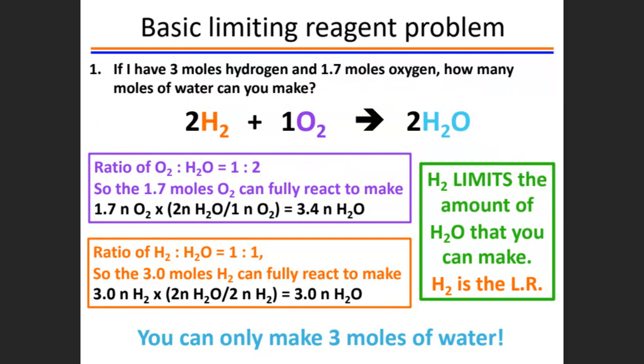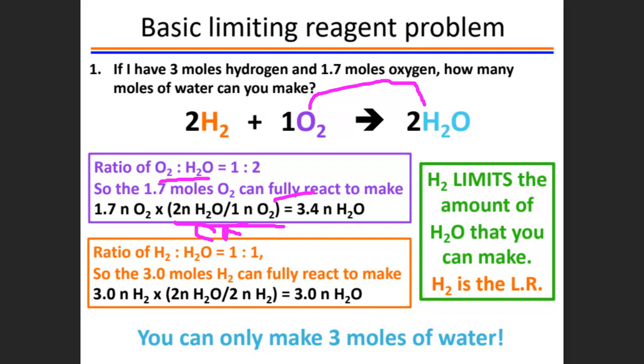So first, the ratio of water, oxygen, and hydrogen. For the 1.7 mole of oxygen fully reacting, you have to make the conversion factor. You got it from the ratio? So we need to make the water. How many mole of water can we make from 1.7 mole oxygen? So the water ratio will go on the top. 2 mole water can be prepared from 1 mole of oxygen.